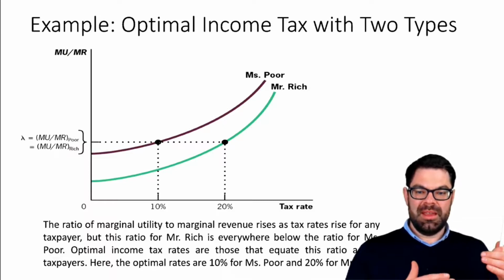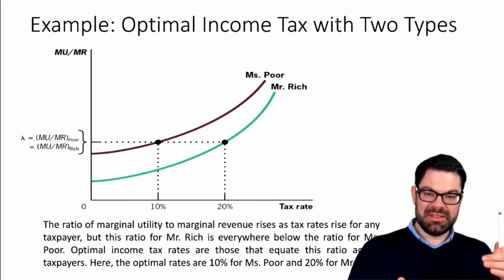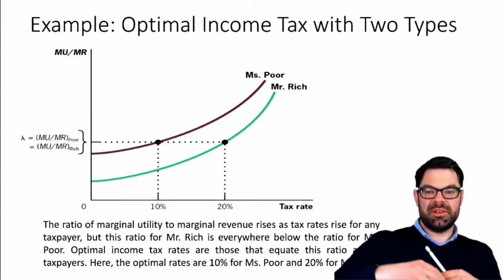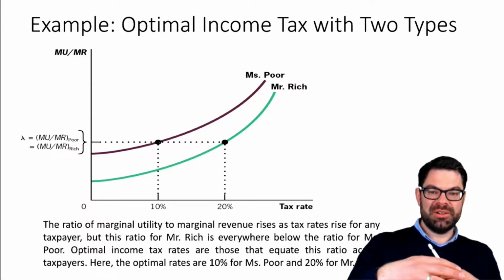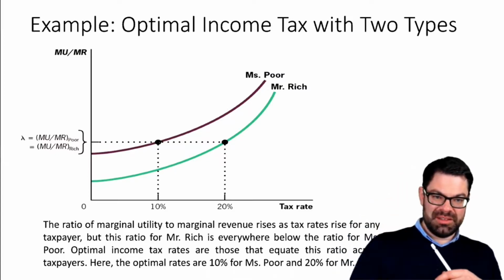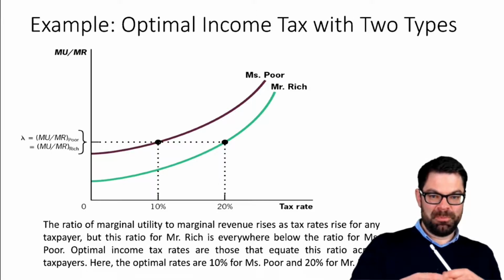So it's higher because the marginal utility for that person, for the low income earner, is higher from what I've shown 2 slides ago. And so that's why the numerator for any tax rate is higher for the low income earner than for the high income earner.